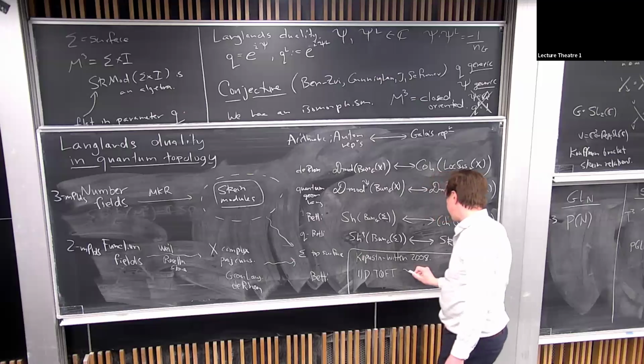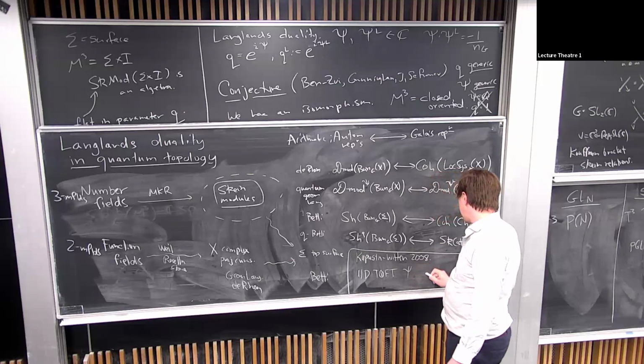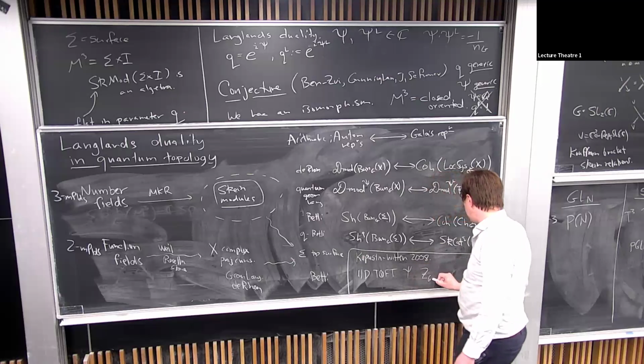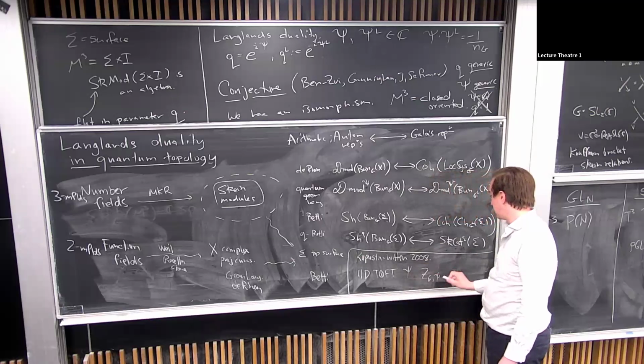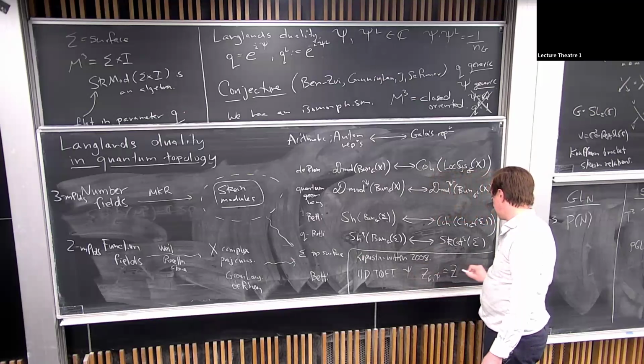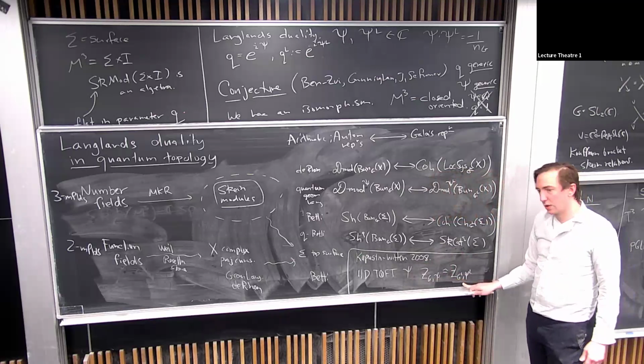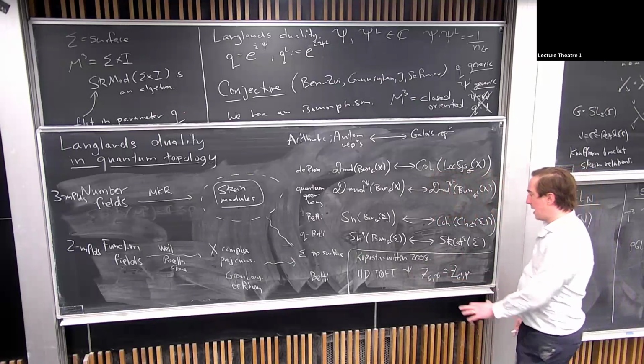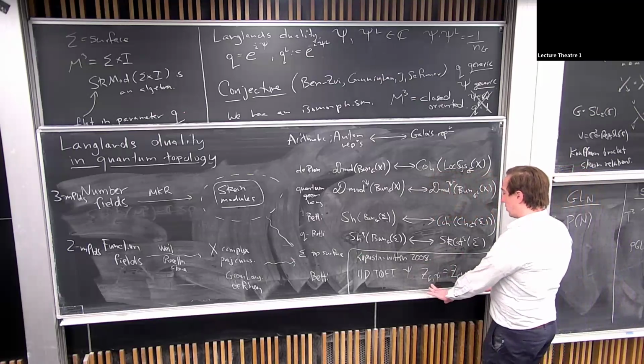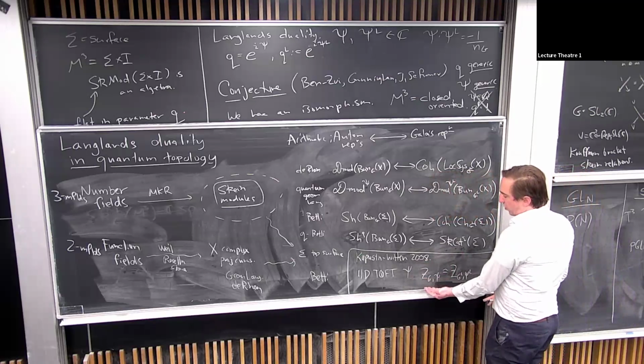It depended on a parameter psi, and the theory that you get, Z_G,psi, is equivalent, by physical arguments, to the Langlands dual theory. These are equivalent theories.